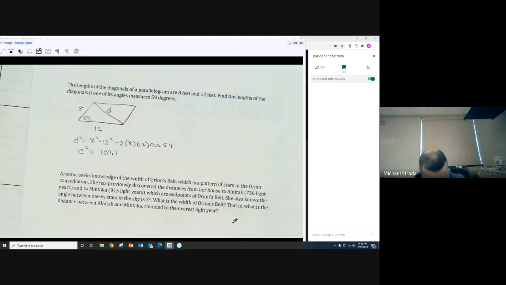Hold on. 8 squared plus 12 squared minus 2 times 8 times 12 cosine 59.